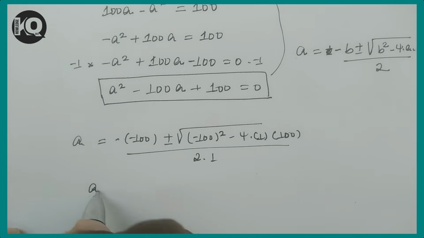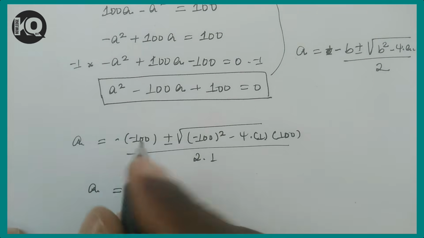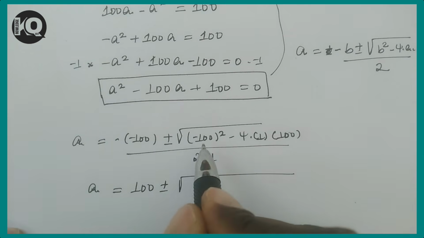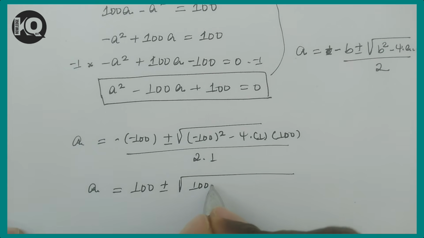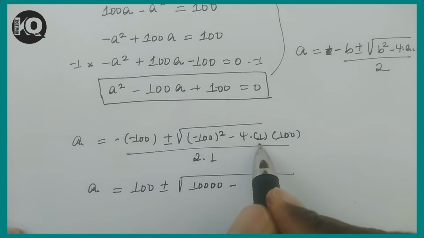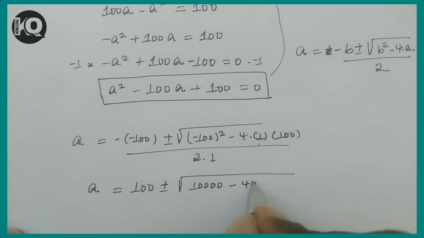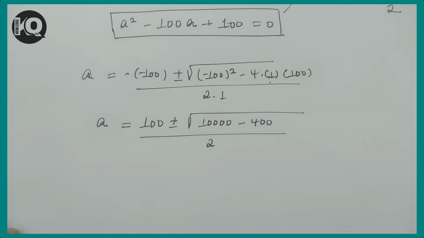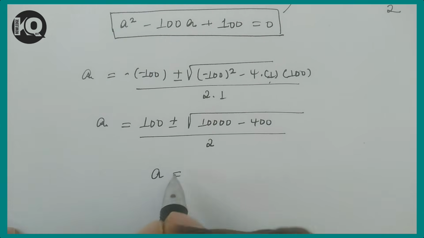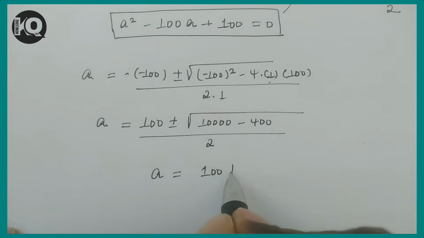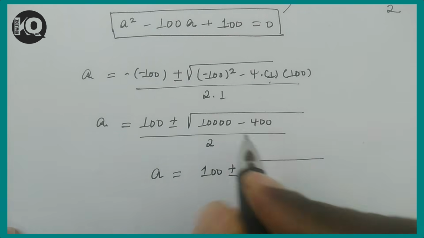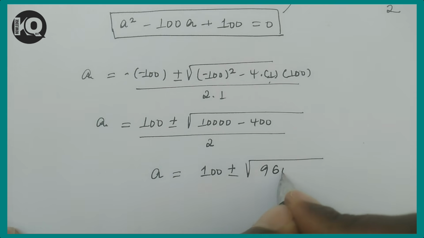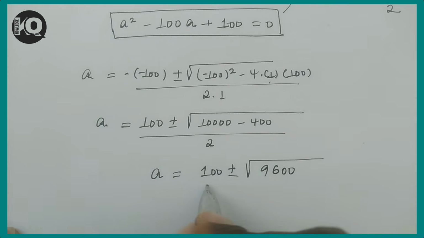So a is equal to 100 plus or minus the square root of 100 square, which is 10,000, minus 4 times 100, 400, divided by 2. Now a is equal to 100 plus or minus the square root of 10,000 minus 400, which is 9,600, divided by 2.